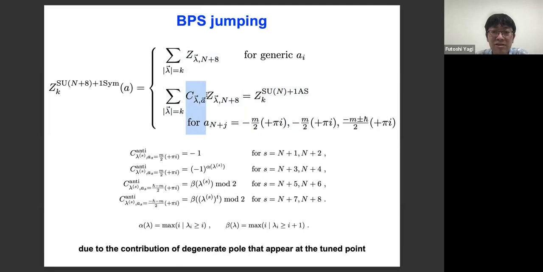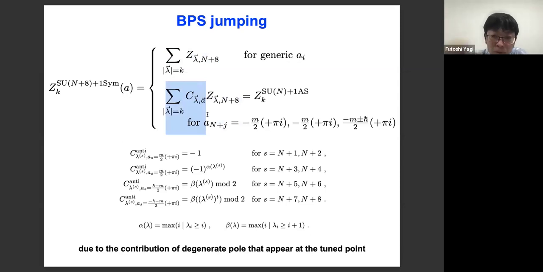And this looks puzzling, but what we noticed is that although this SU(N+1) symmetric is given by this formula for generic A, if we tune the value of A, then the result is not given in this way anymore, but we need this constant.